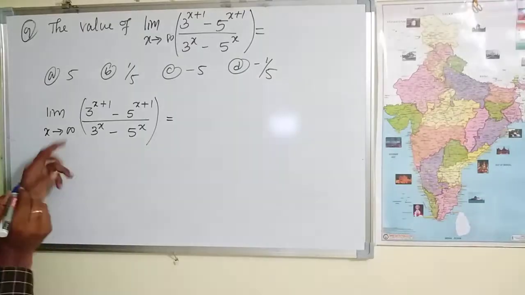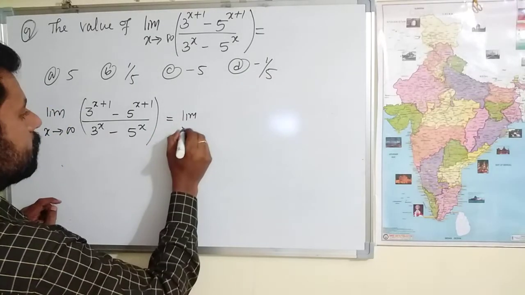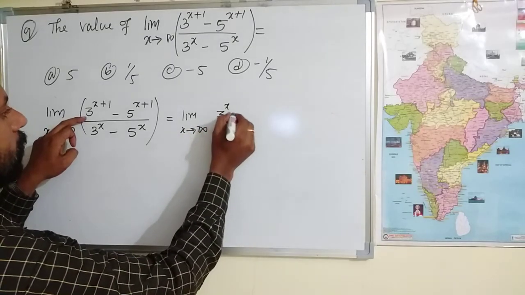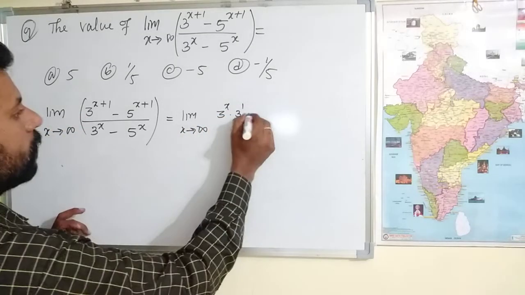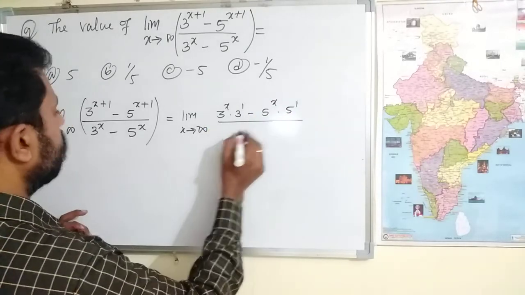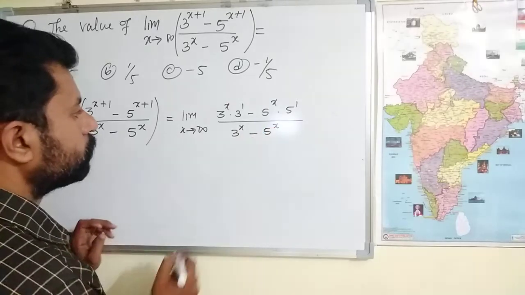First split the power term results. Limit x tends to infinity, here we get 3 to the power x into 3 to the power 1 minus 5 to the power x into 5 to the power 1, divided by 3 to the power x minus 5 to the power x.